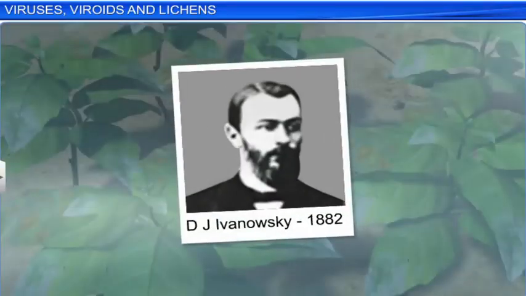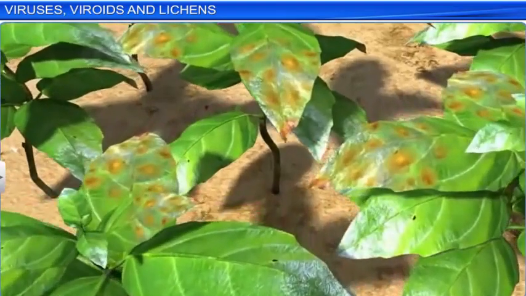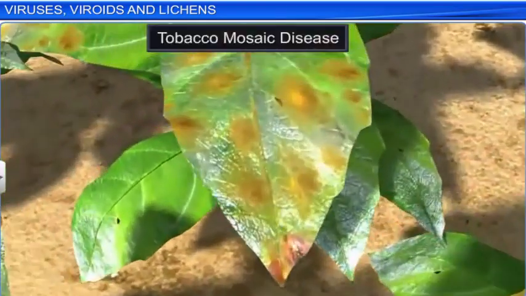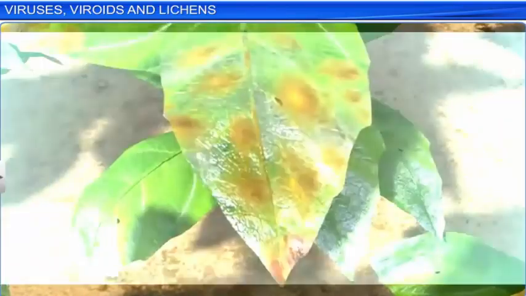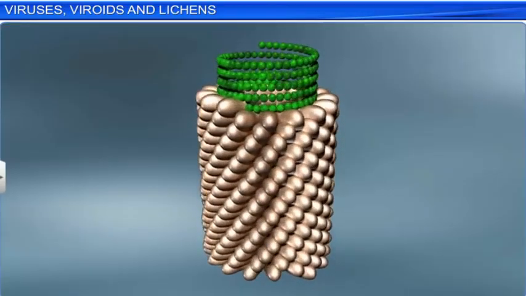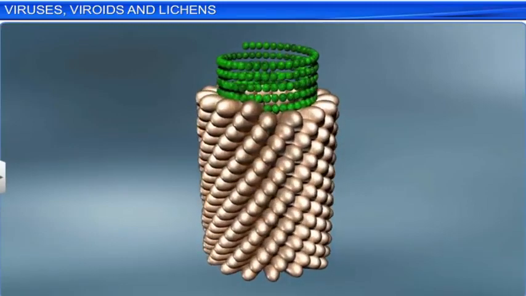It was D.J. Ivanowski who in 1882 discovered the tobacco mosaic virus, or TMV, the microbe that causes mosaic disease in tobacco. This virus was smaller than a bacteria.